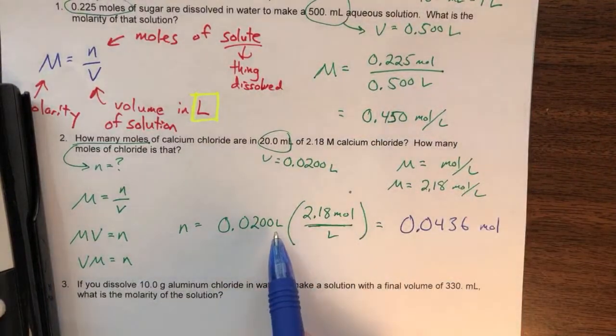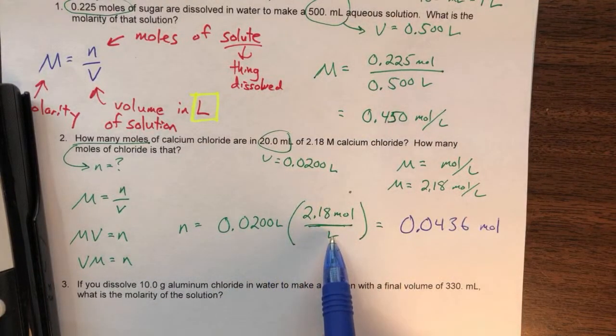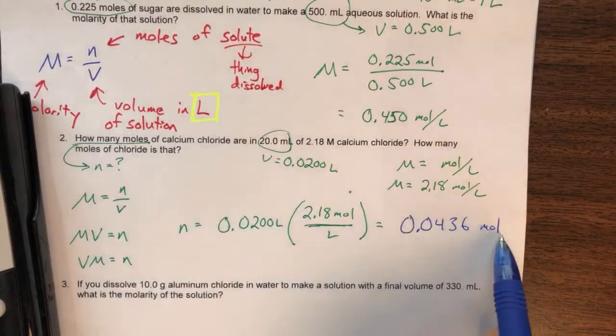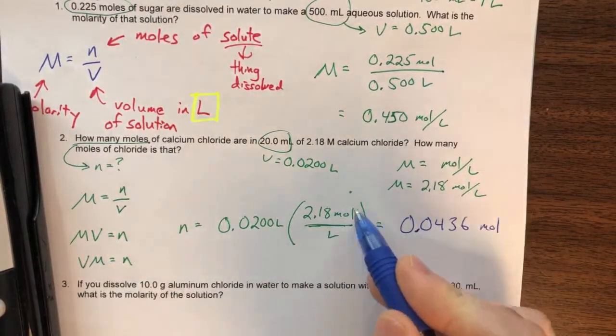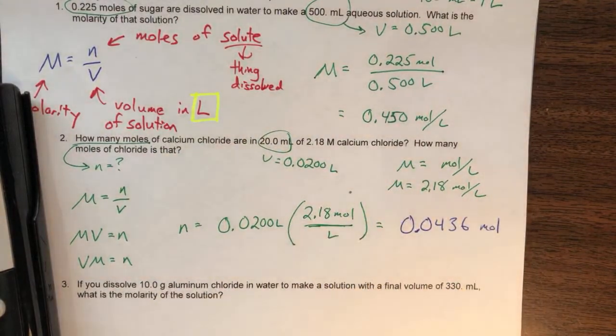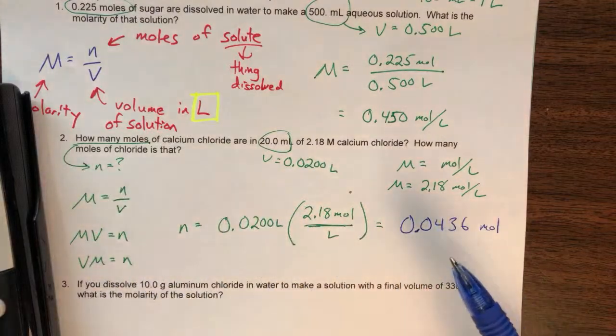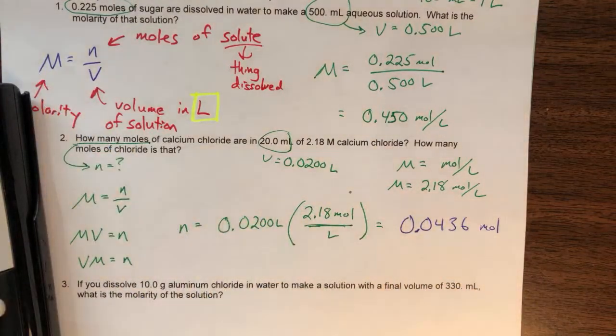Also, we could see that here liters over liters are going to cancel out. All right, so liters over liters cancel out, and we're left with the units of moles. And so that works out both because we're solving for moles and because that's what our units are remaining after the calculation.